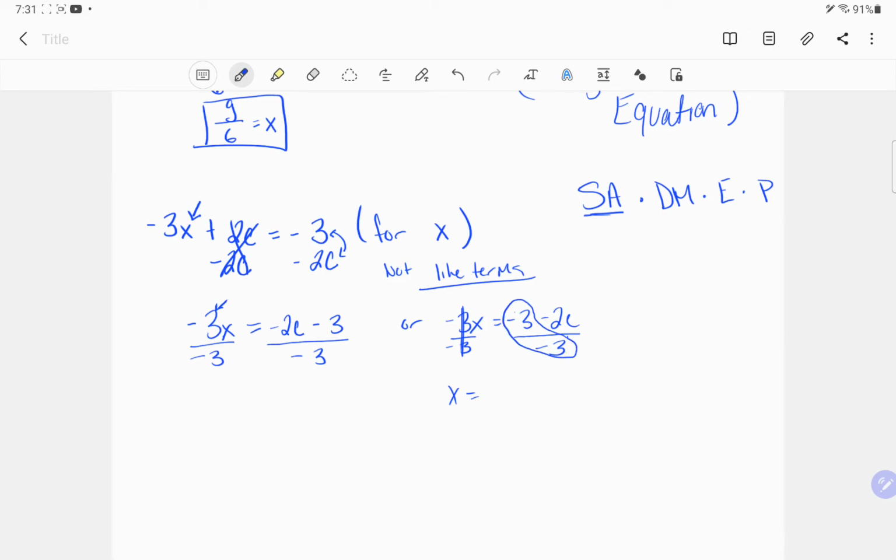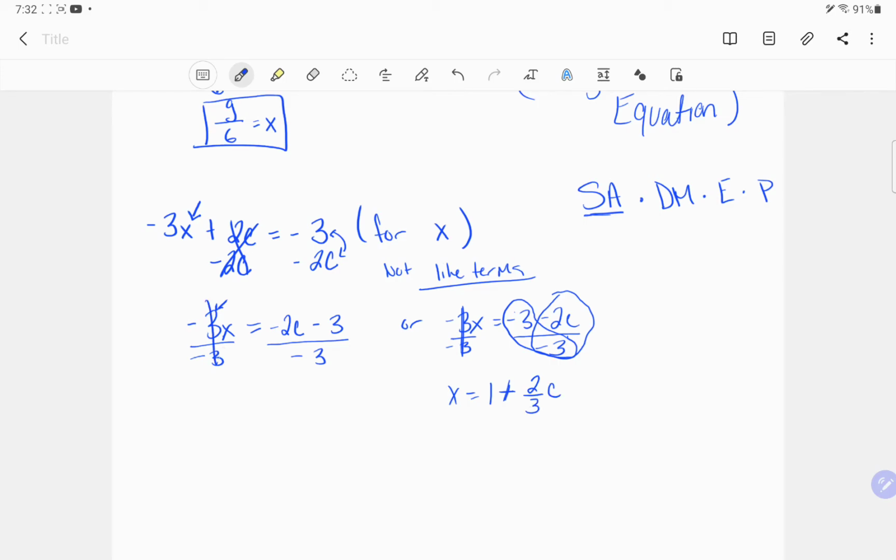So negative 3 divided by negative 3 is 1. And then negative 2c over negative 3. The two negatives make a positive. 2 over 3, it can't be simplified. It can't be anything. So we just rewrite it as 2/3 c.